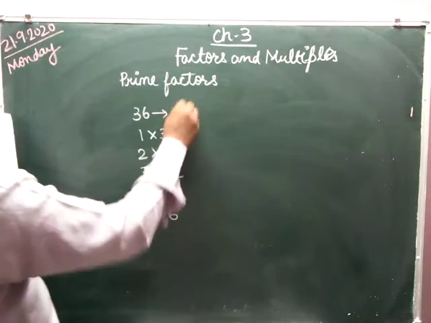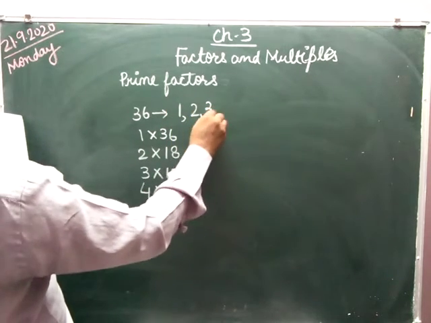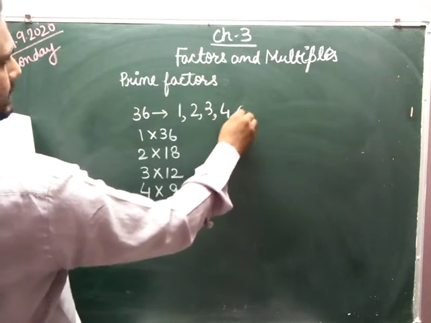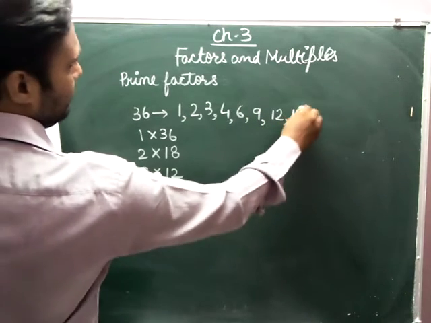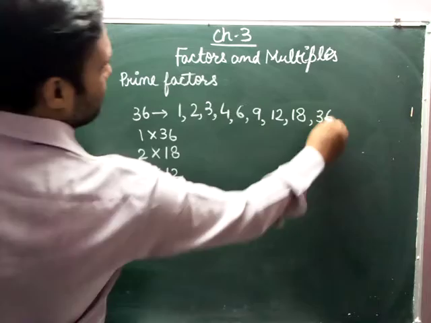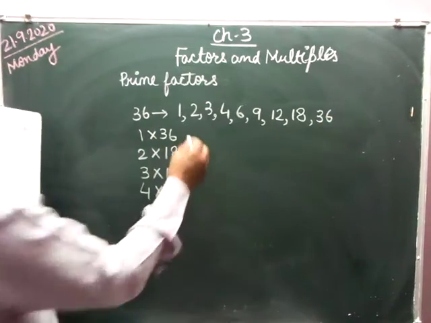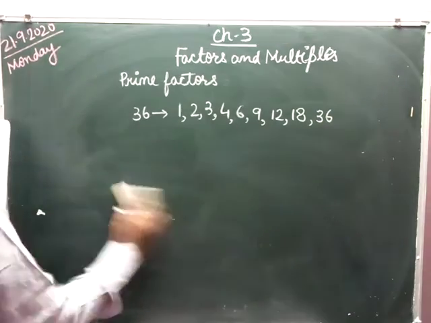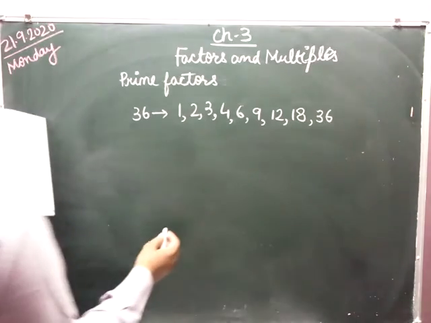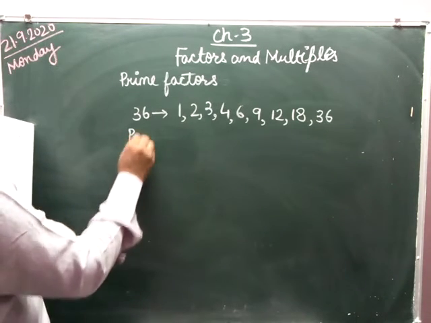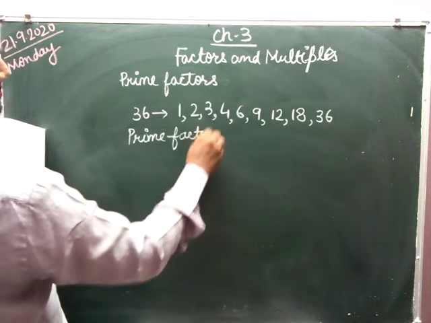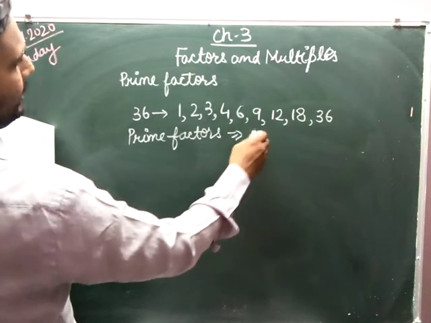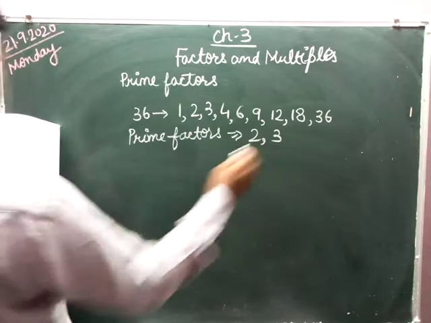So all the factors are 1, 2, 3, 4, 6, 9, 12, 18 and 36. But if we talk about prime factors, we have only 2 and 3.